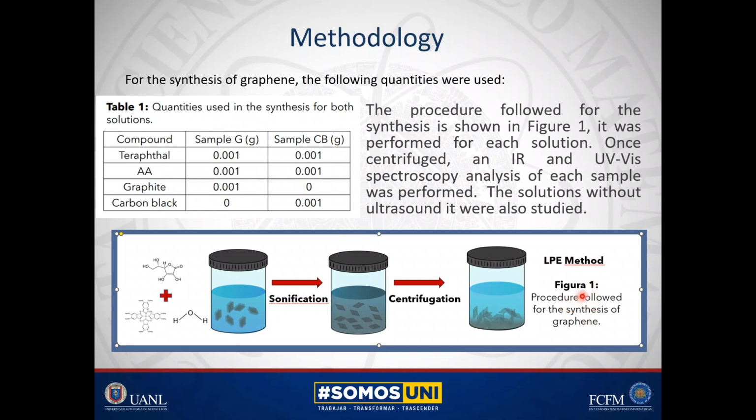For the methodology, we can see in Figure 1 the procedure followed for the synthesis. We first mix all the compounds in water, and after that we use sonification for some time. Finally, we use centrifugation. We have two samples: the sample G, which is the one that contains graphite, and the sample CB, which is the one that contains black carbon.